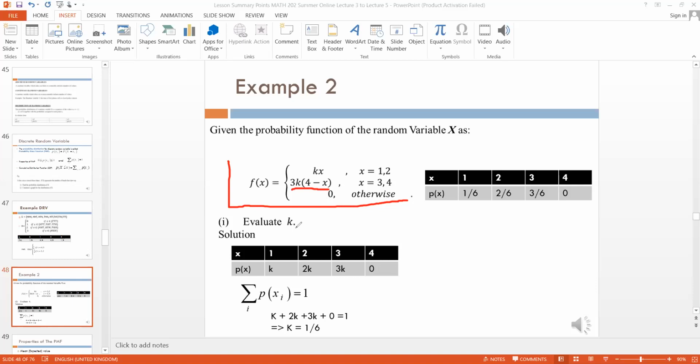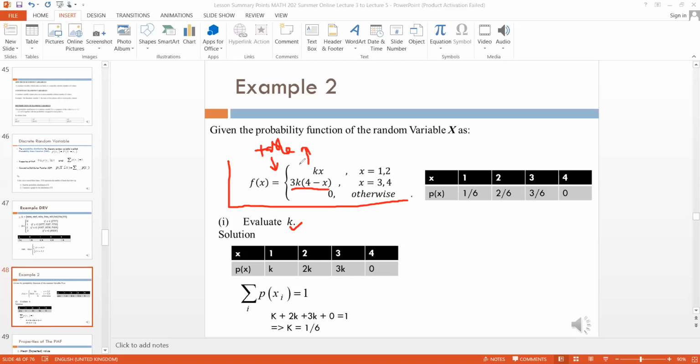We are asked to evaluate the value of k. How do we do that? We know that the function was derived from the table. We use the table to derive the function, right? So if you've been given the function, the first thing to do is to go back to the table form.